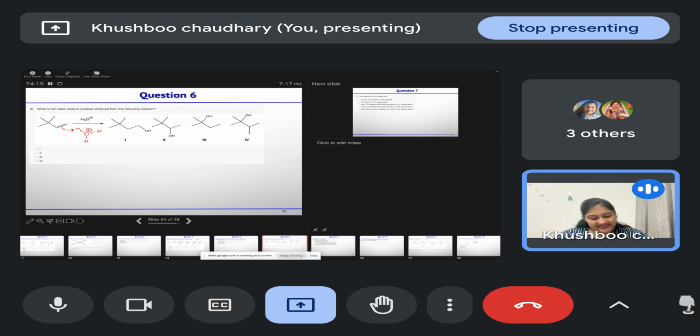The alkene will react with hydronium ion to abstract the proton and release water. So here H will come and a secondary carbocation will form, not a primary carbocation.